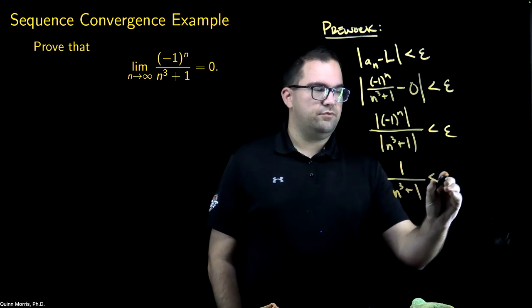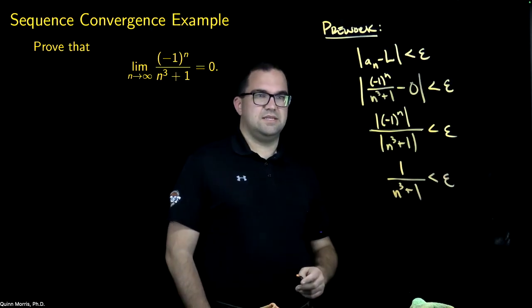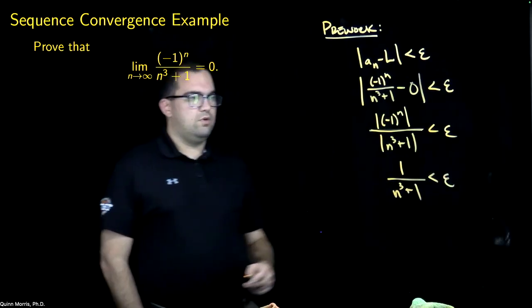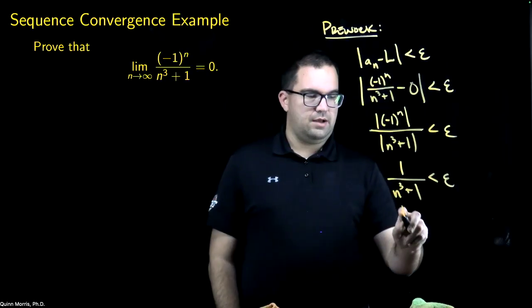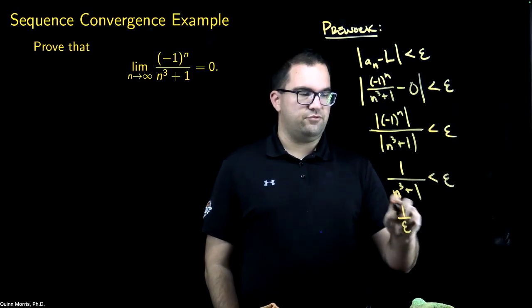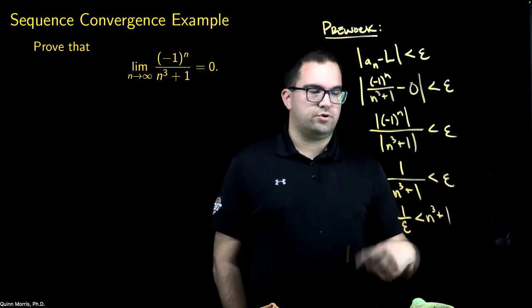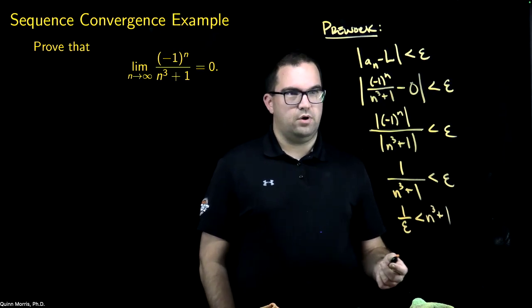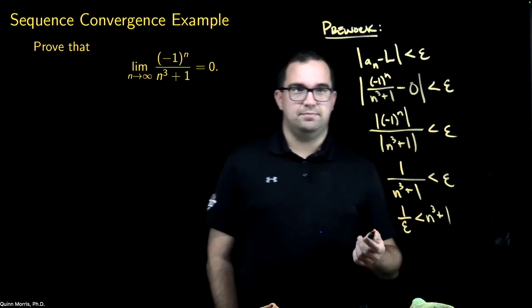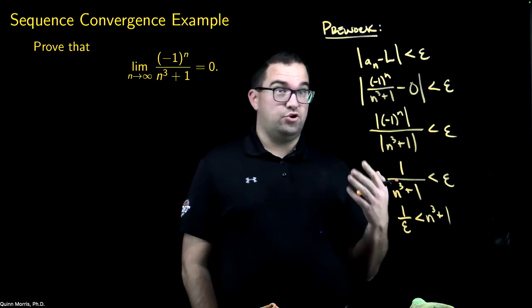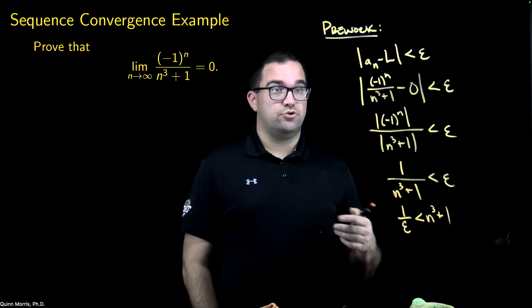The denominator, remember, n is always a natural number for sequences, so this thing's always positive. But really, I just want to guarantee that this inequality holds. Well, if I do a little bit of algebra here, I'm going to solve this inequality for little n. If I multiply both sides by n cubed plus 1 and divide both sides by epsilon, I can do both of those because both quantities are non-zero.